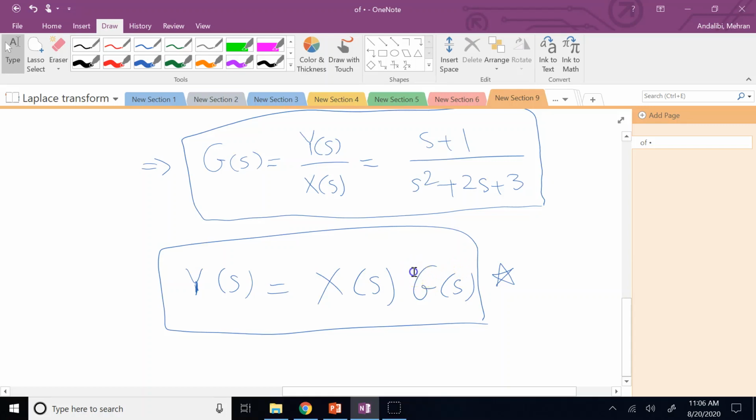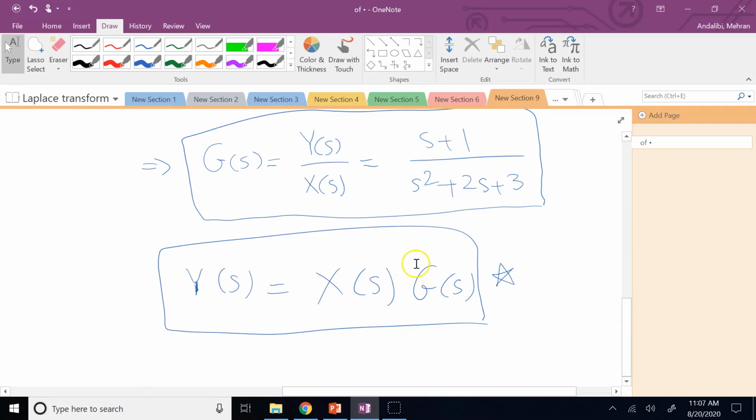The important thing with G(s) is it does not depend on what type of input you give to the system. It is always the same for the system, regardless of your input. At least for a linear system, the transfer function is constant, and it is determined by the governing differential equation, okay? So it does not depend on input.